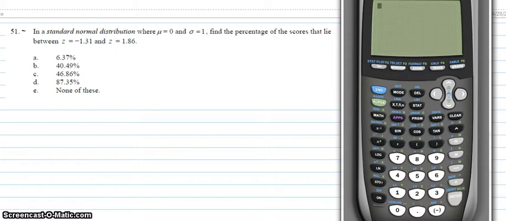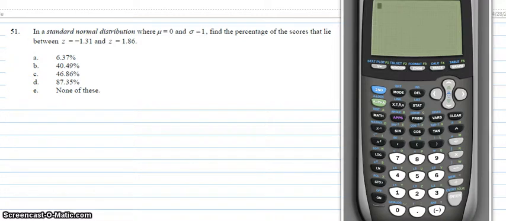Is your answer going to be A, 6.37%, B, 40.49%, C, 46.86%, D, 87.35%, or E, none of these?